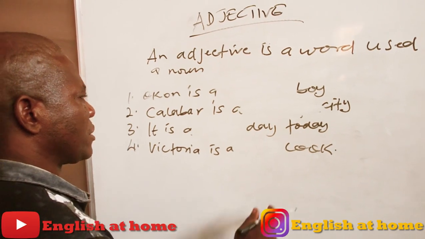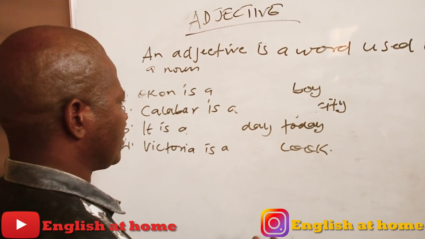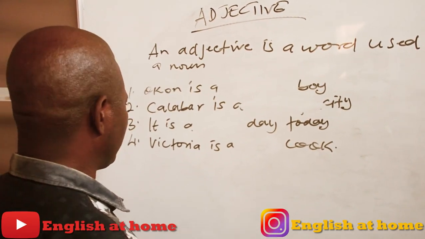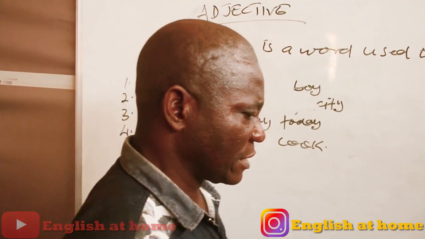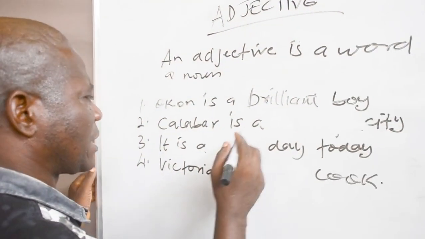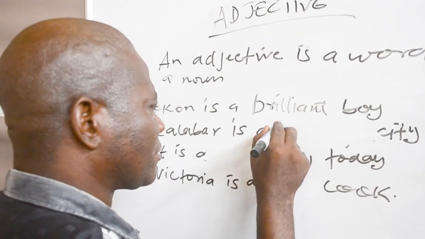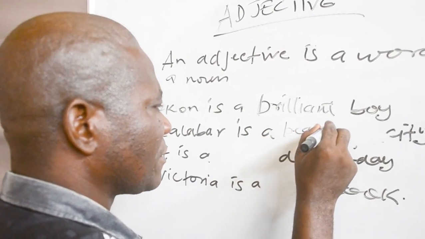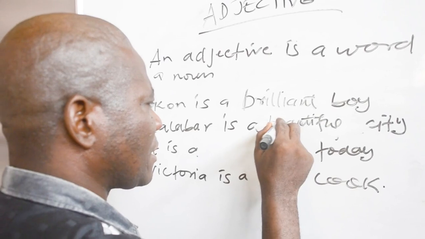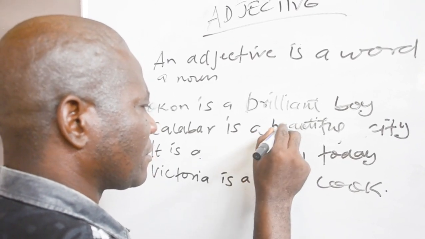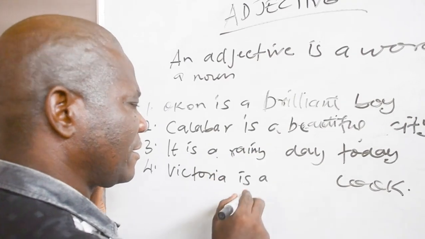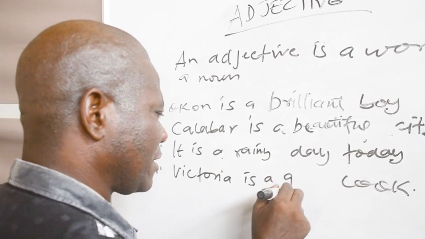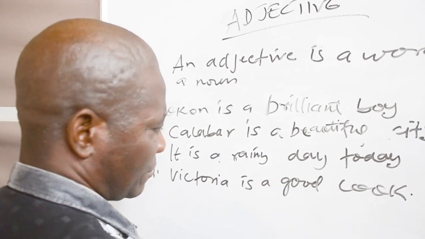Now we have: Okon is a boy. Calabar is a city. It is a day today. Victoria is a cook. You see, these are just ordinary, common sentences. Number two, Calabar is a beautiful city. That's the adjective in that place. It is a rainy day today. And then Victoria is a good cook.